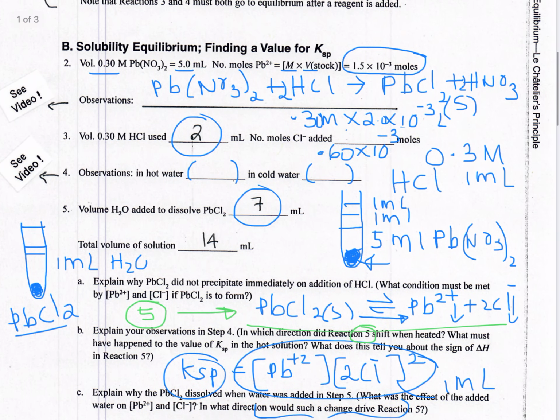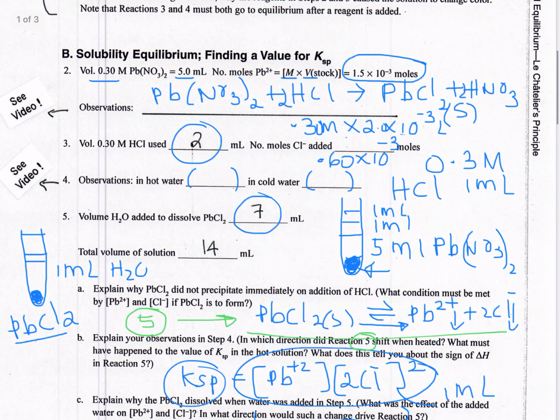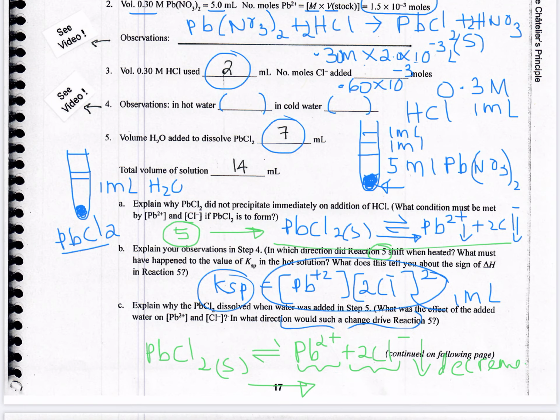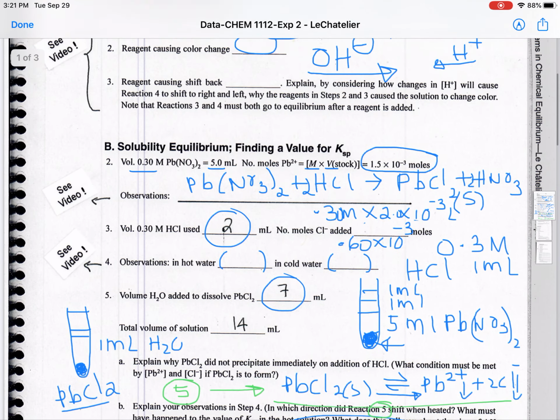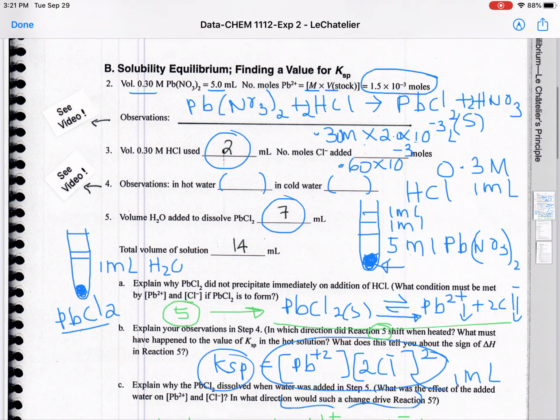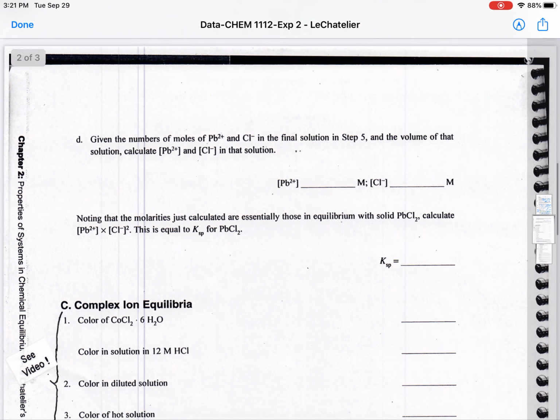We calculated the number of moles of lead ions in step 2, 1.5 × 10^-3 moles. And we also calculated the number of moles of chloride ions, that is 0.60 × 10^-3 in step 3. Now we can calculate the concentrations.